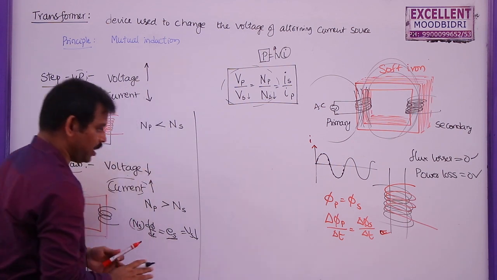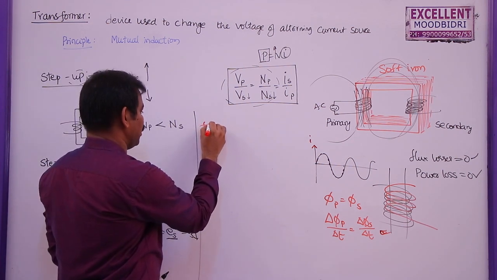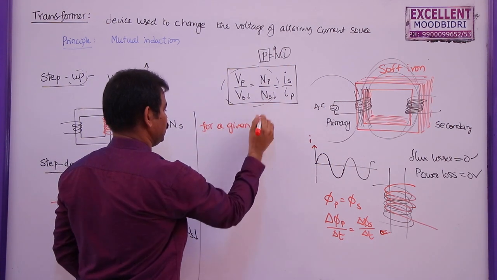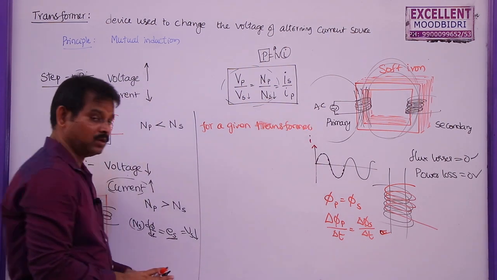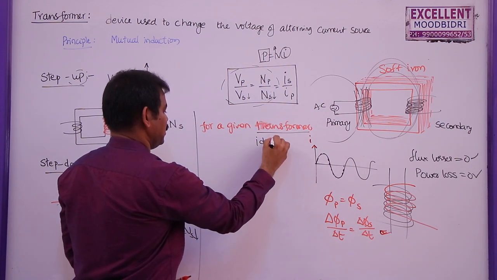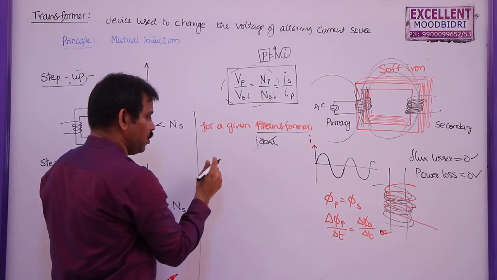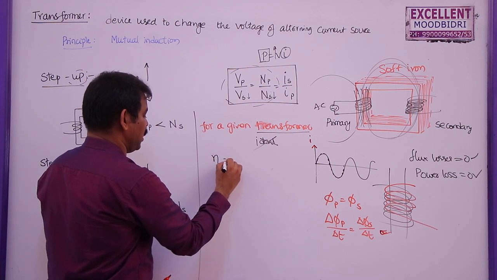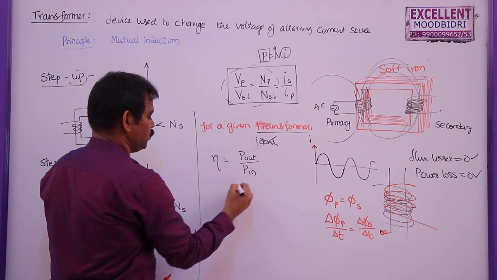Suppose instead of this ideal transformer, let us say in general for a given transformer, which is not ideal. This is not an ideal transformer. Here what happens? The output power is always less than the input power. So the efficiency of an ordinary transformer is the output power by the input power.